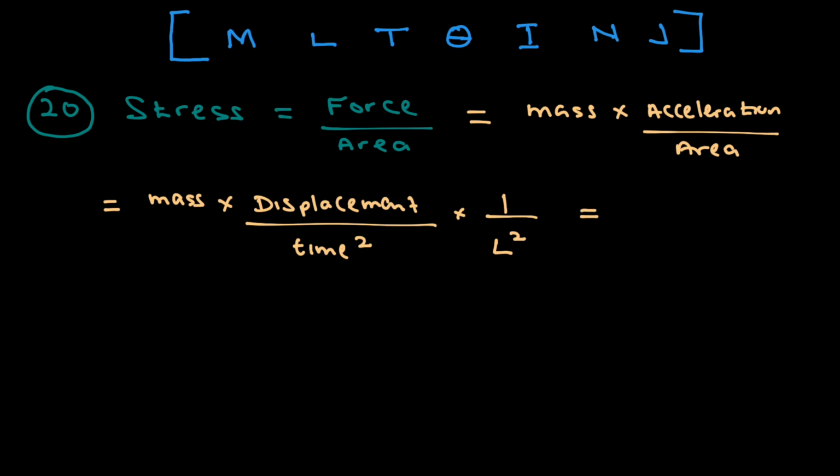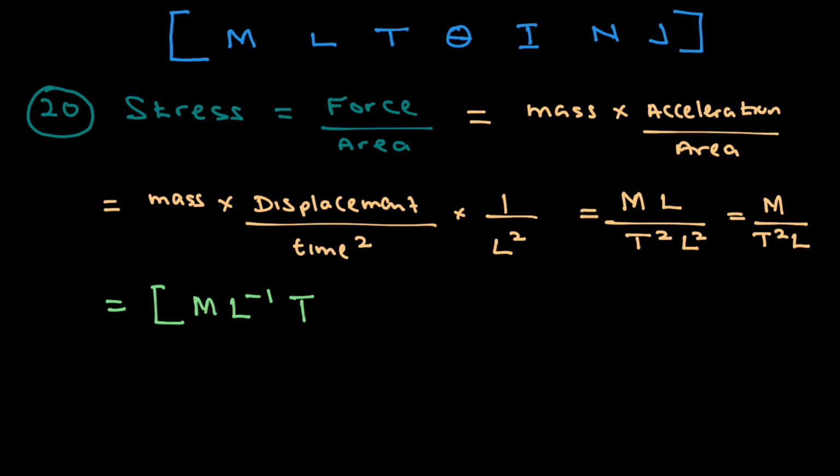So we can put a dimension in: capital M for mass, L for displacement, over T squared for time, L squared for area. 1 L in the numerator cancels 1 L in the denominator. So we're going to get M over T squared L. So we can say for the dimension M, L to the power minus 1, T to the power minus 2. And the unit will be kilogram per meter per second squared. So that's unit and dimension.